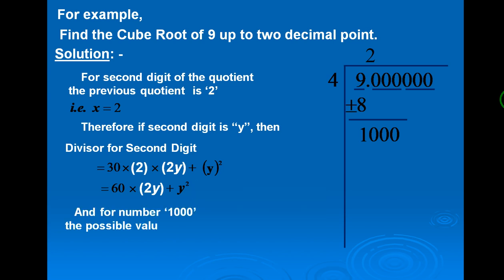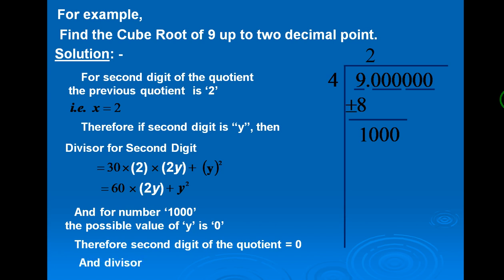And for number 1000, the possible value of y is 0. Therefore, the second digit of the quotient is 0 and the divisor for 0 is 60 multiplied by 20 plus 0 square, which is 1200 plus 0, equal to 1200.